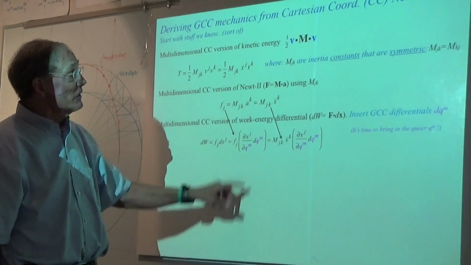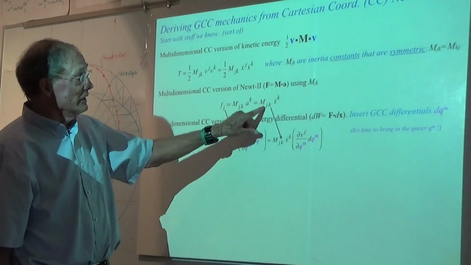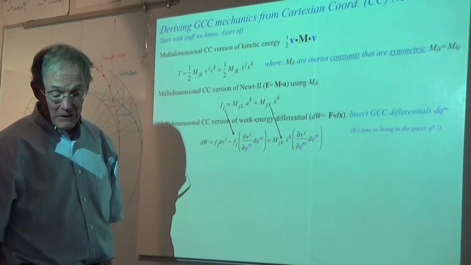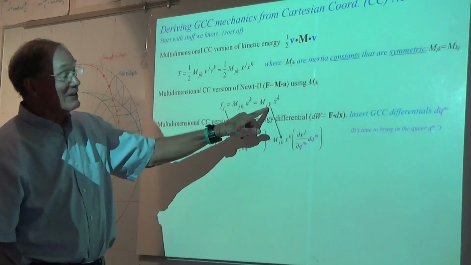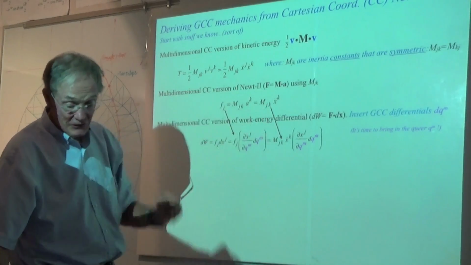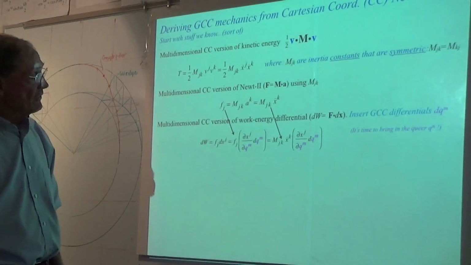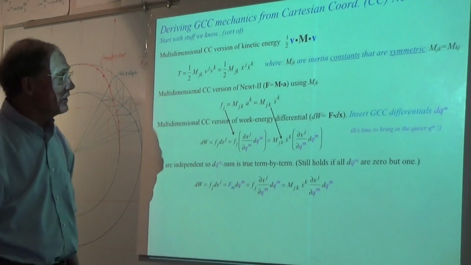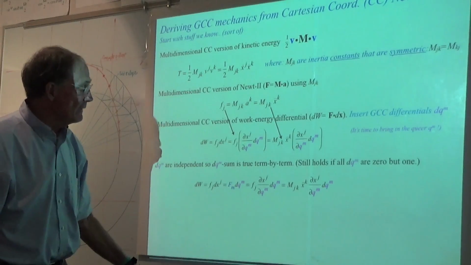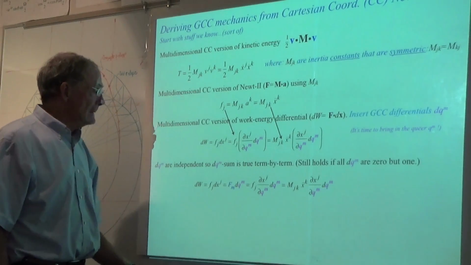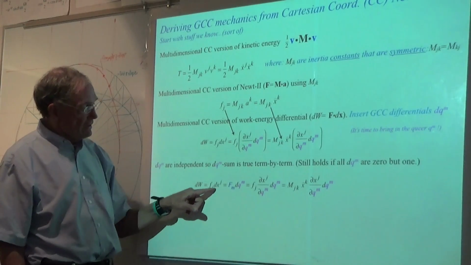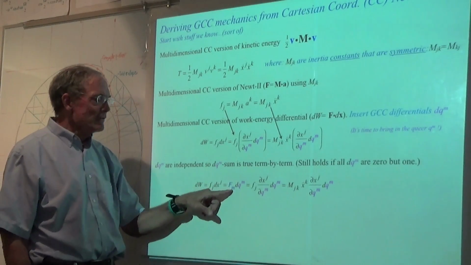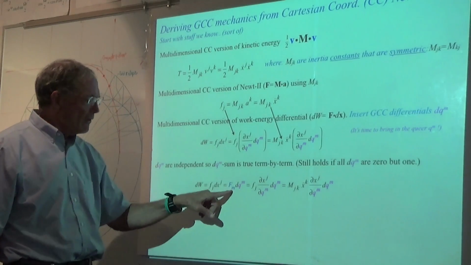Now, I'll bring up another requirement that I do want to keep on these, and that I'll mention later on. Basically, I want these in the Cartesian world to be constants. I haven't stated that yet, but look out for that. So another way to write this would be to say, I've got a generalized force.